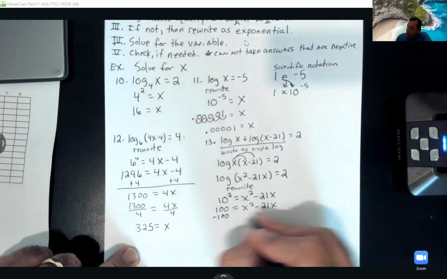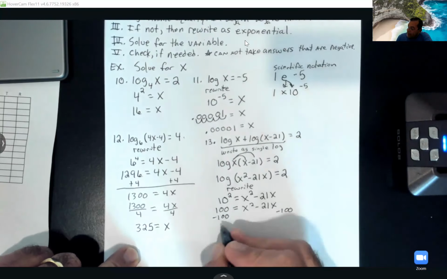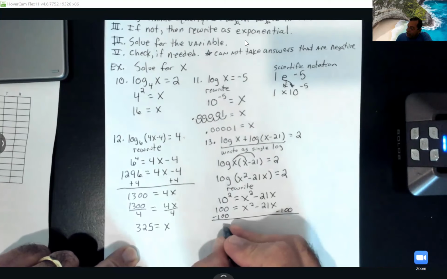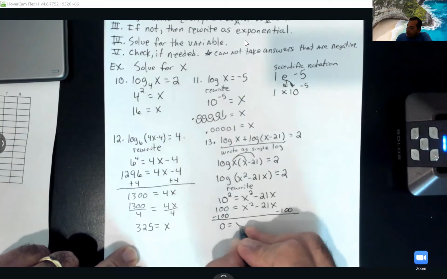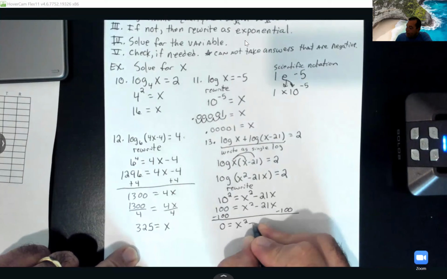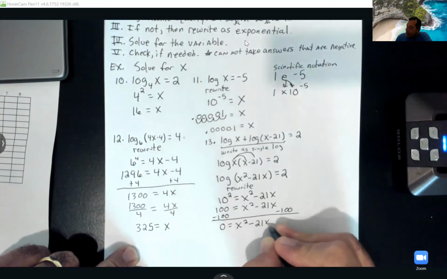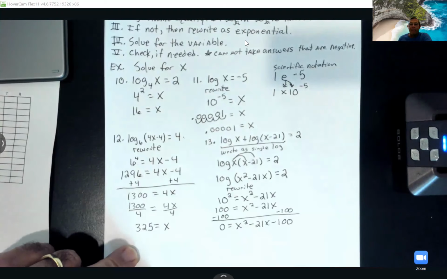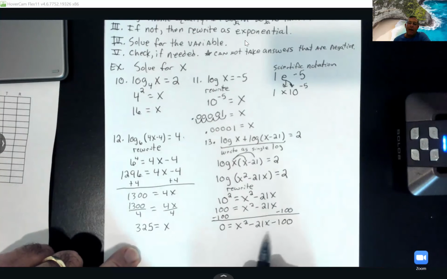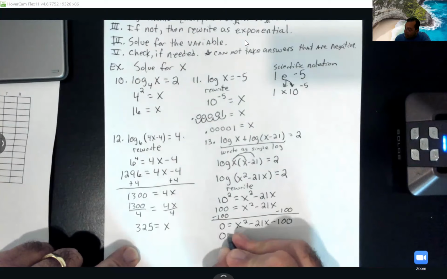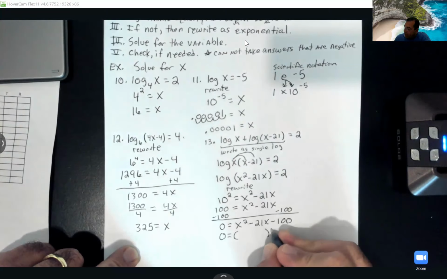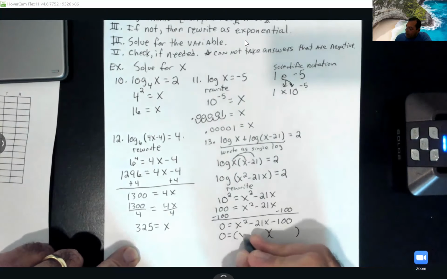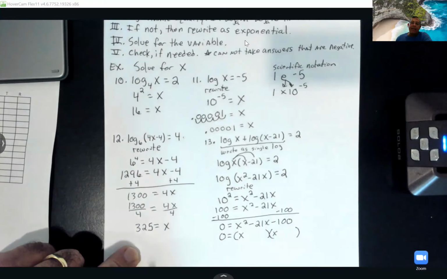So we'll subtract 100 from both sides. Notice, you now get 0 equals x squared minus 21x minus 100. Alrighty, so I'm not going to break out no quadratic formula or anything. I'm going to solve this by factoring. So I got an x and an x. Now, let me tell you what.